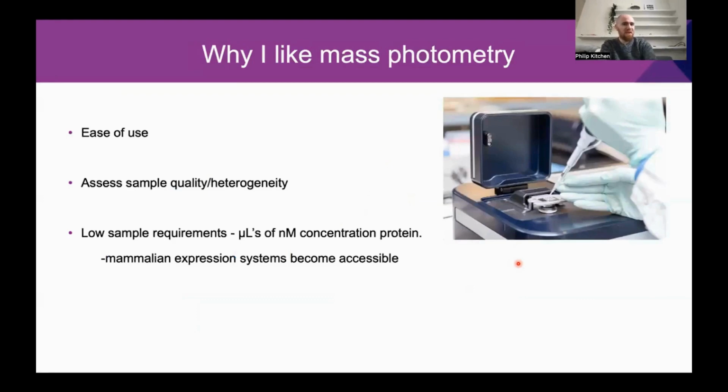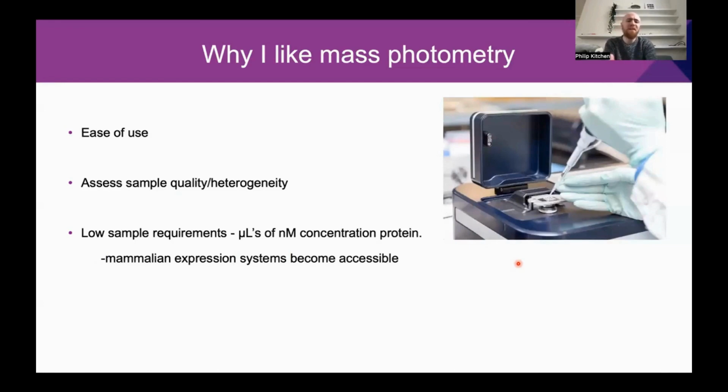Okay, so I thought I'd finish off by explaining a little bit why we like mass photometry so much. First of all, it's a very simple technique. The underlying physics behind how it works is very complicated, but in terms of using the instrument, it's very much plug and play. We've got students in the lab using the instrument with no problems, so it's really quite easy to use.